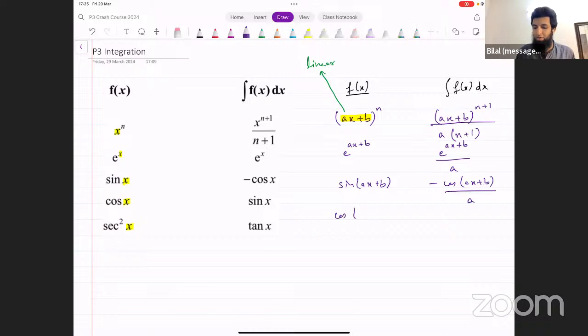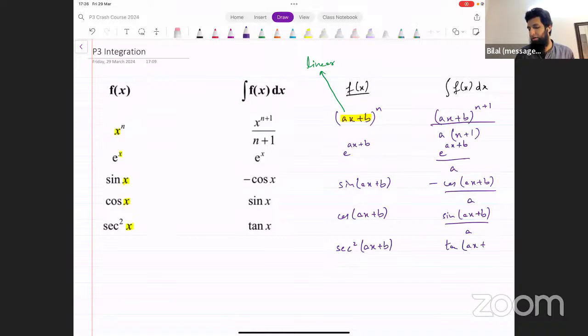And similarly for cos, cos of ax plus b, the integral of that would be sine of ax plus b divided by a. And then finally, you could have secant square of ax plus b. The integral of that would be tan of ax plus b divided by a. These are some rules that you can use directly from the formula sheet. There's not a lot of thinking involved here. You just use the rule as given in the formula sheet.